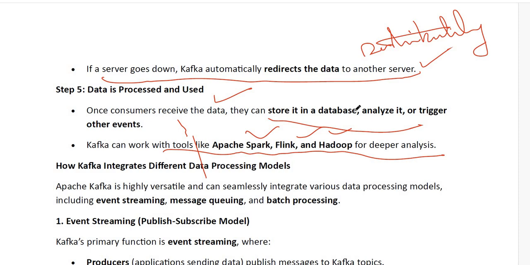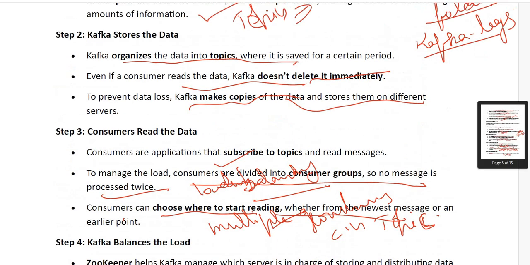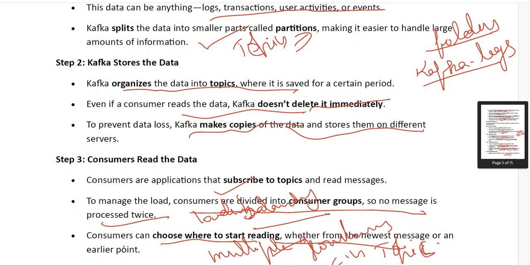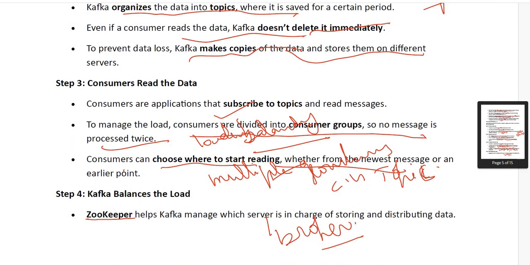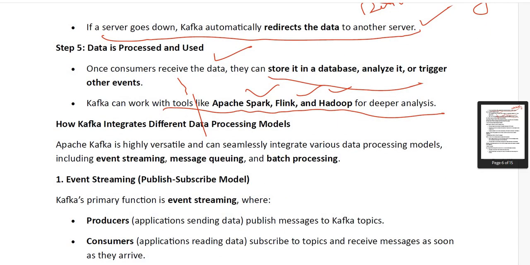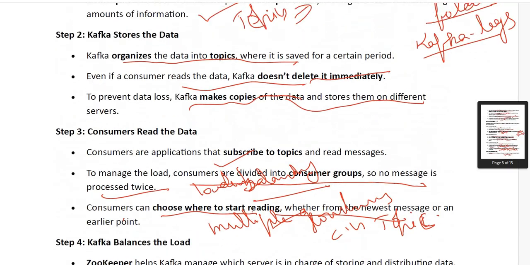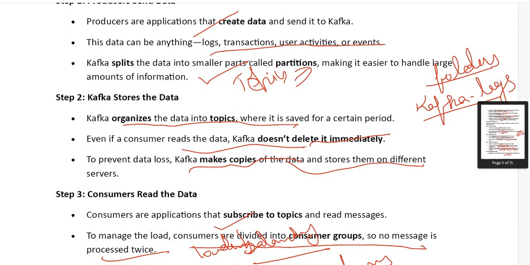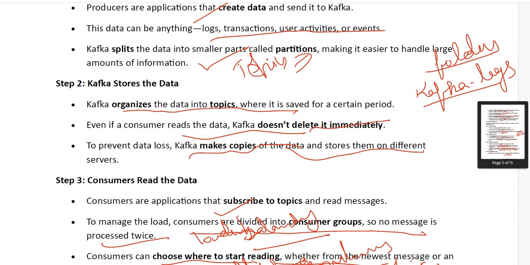So by using these 5 steps, your Kafka will work. Let me explain the 5 different steps once again. The very first one is the producer sends the data, Kafka stores data, consumer reads the data, Kafka balances the load, and data is processed and used. These are the 5 main steps where each producer and consumer plays a vital role, and the broker also plays a vital role to store the data.